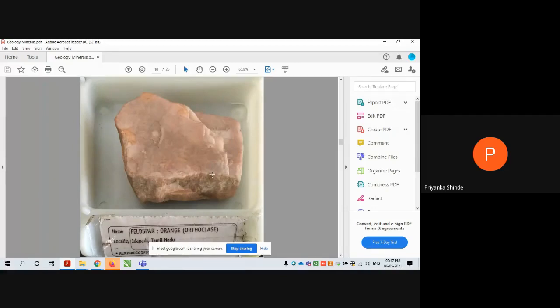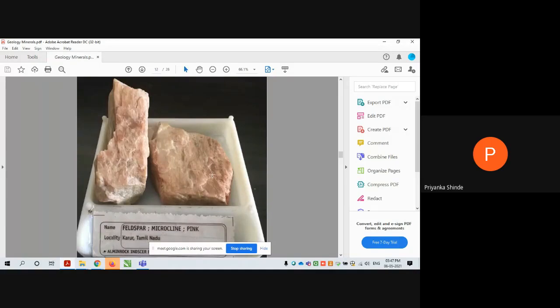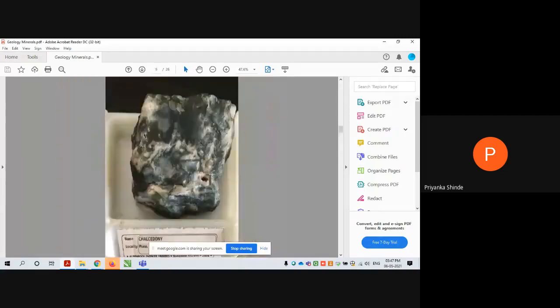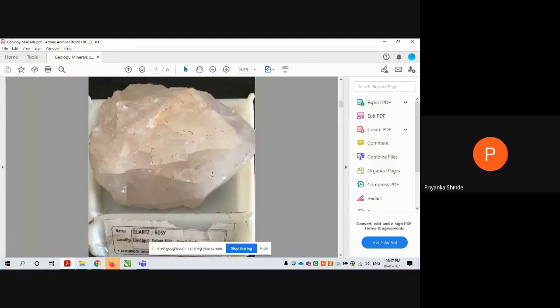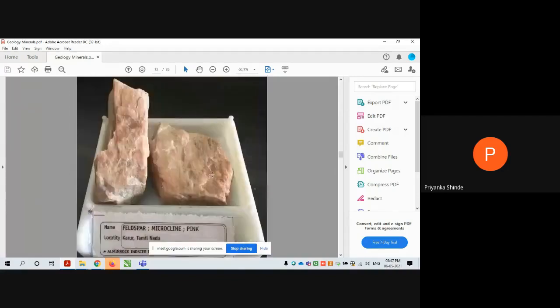Then luster: if you see the surface of these minerals, they shine like broken glass, but the shine is not like quartz. Quartz will shine with a very bright shining, but compared to quartz it is less, so you can write it as subvitreous.